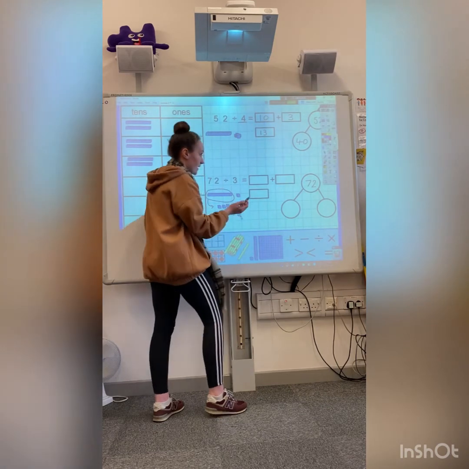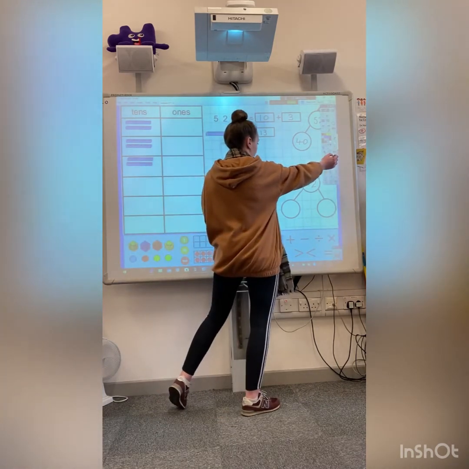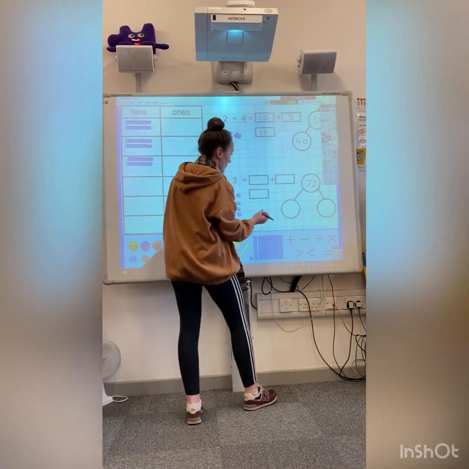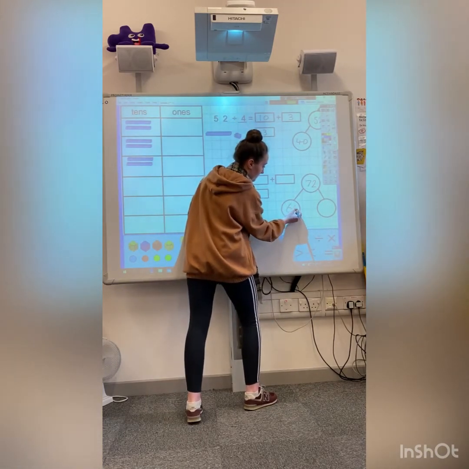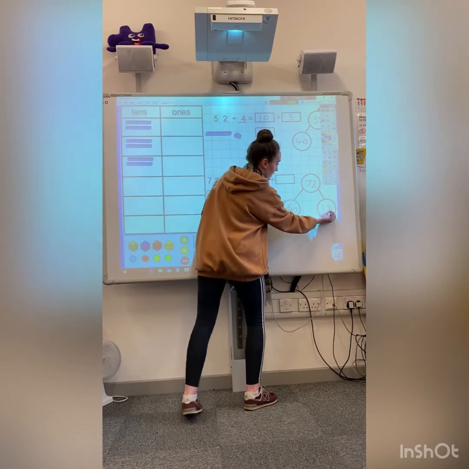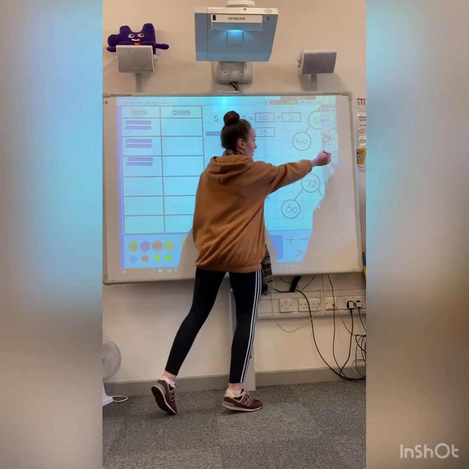So I swapped it for my 10 ones, and 72 would partition into 60 and 12 because I was left with that 1 ten with my 2 ones.